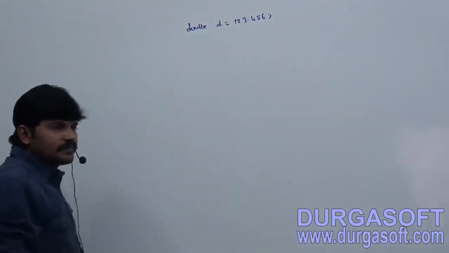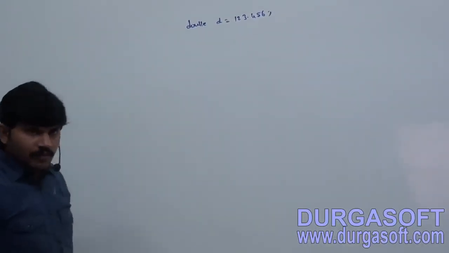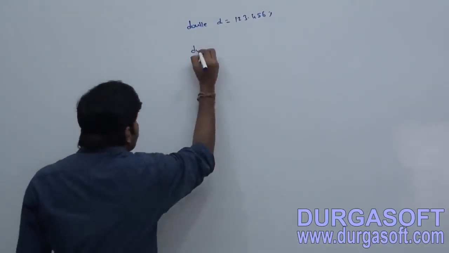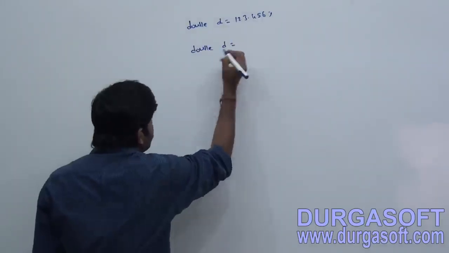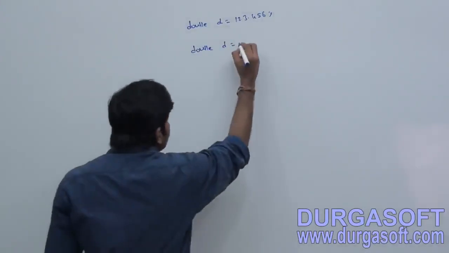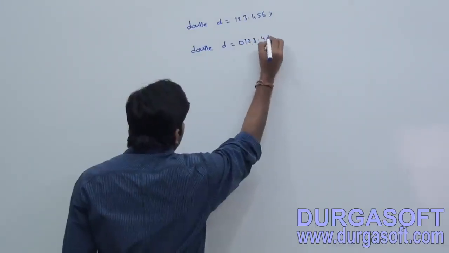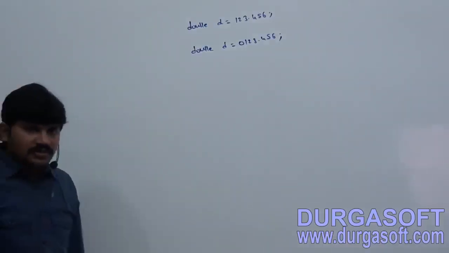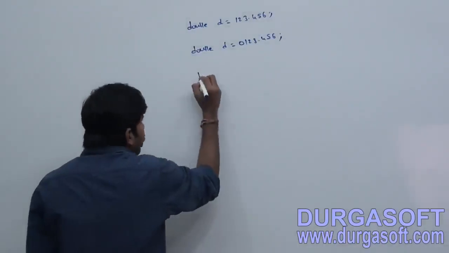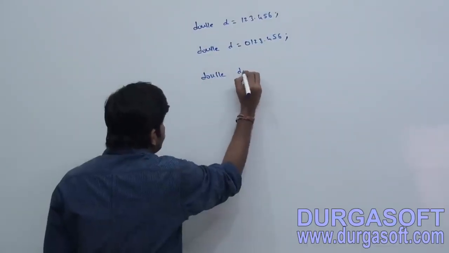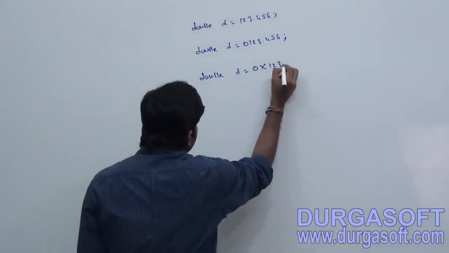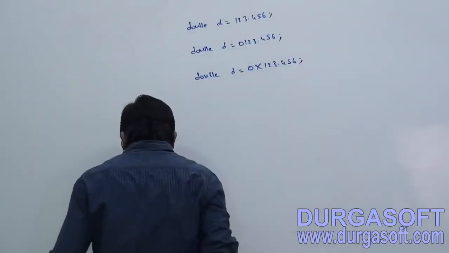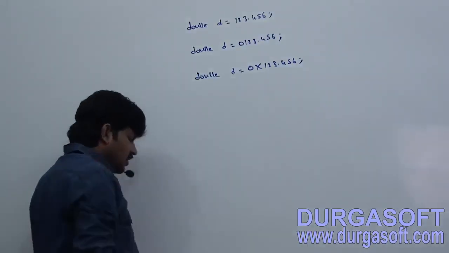Valid or not? Then double d = 0123.456. Then double d = 0x123.456. Are you getting these three?